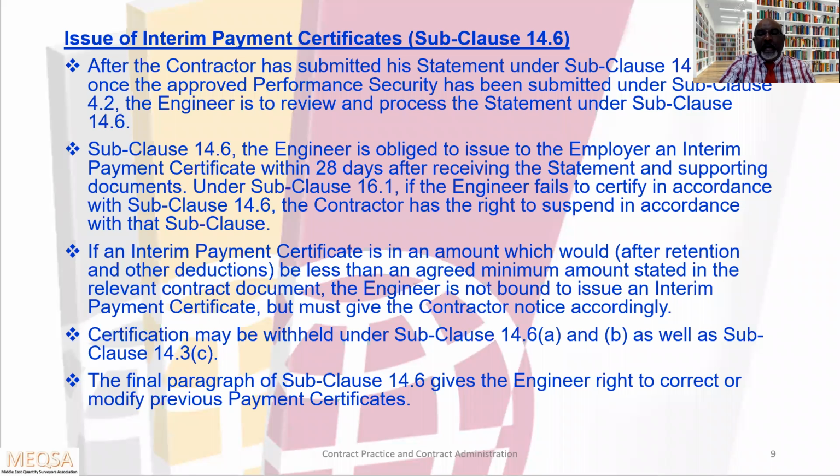Let's say it is 1 million, and while the engineer is reviewing, if it comes to 800,000, the engineer is not bound to issue an interim payment certificate. He has to give notice to the contractor that the minimum amount specified in the appendix to tender is 1 million, but the current payment application is around 800,000.